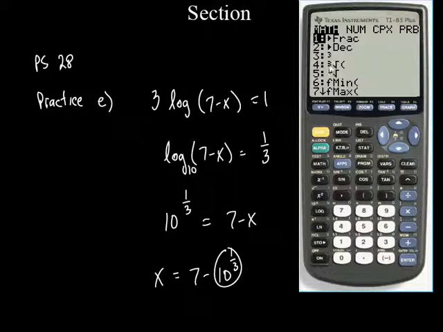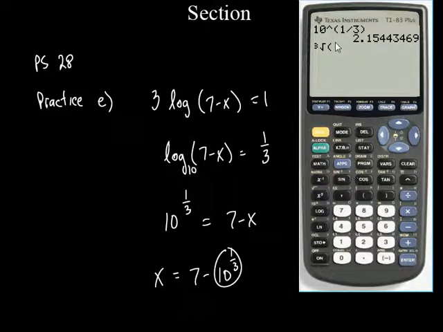Yep, right there. Cube root of something. Taking something to the 1/3 power is the same thing as taking the cube root of it. So it's the cube root of 10. Hopefully you'll get the same answer. Yep, look at that, exactly the same. So there's a couple ways you could do that. But it says 10 to the 1/3, it's just as easy, don't you think, putting 10 to the 1/3.